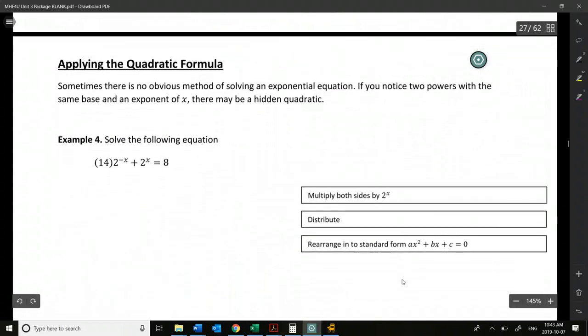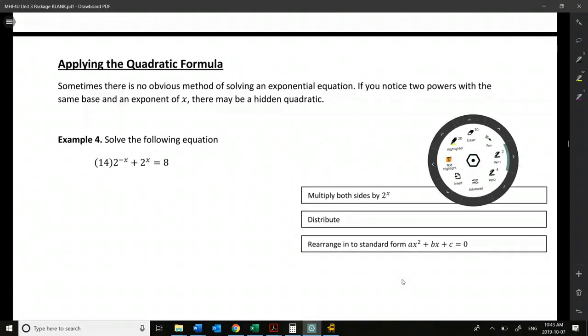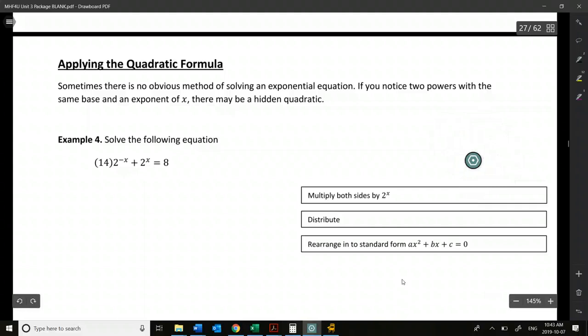When I have multiple terms, especially when 2 of them have common bases, this solving process is a little bit more involved. We call these exponential equations which are hidden quadratics. So there's not really an obvious method of solving here.